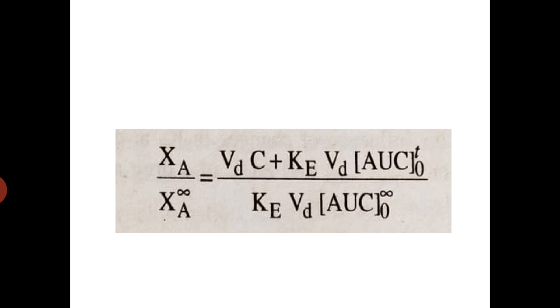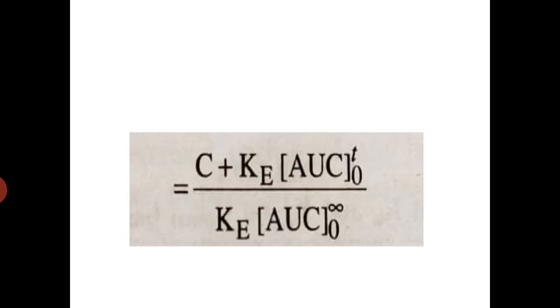Finally you will get Xa by Xa infinity is equal to C plus Ke AUC 0 to T divided by Ke into AUC 0 to infinity. Then 1 minus Xa by Xa infinity is equal to ARA. In percentage, ARA is equal to 1 minus C plus Ke into AUC 0 to T divided by Ke into AUC 0 to infinity, into 100. So this is the derivation for Wagner-Nelson.